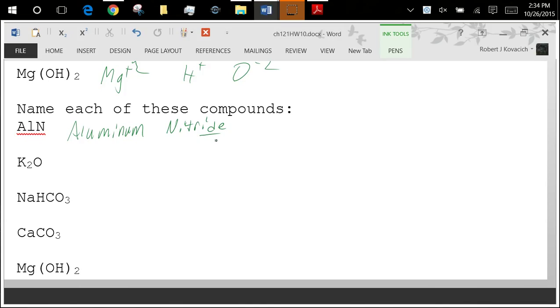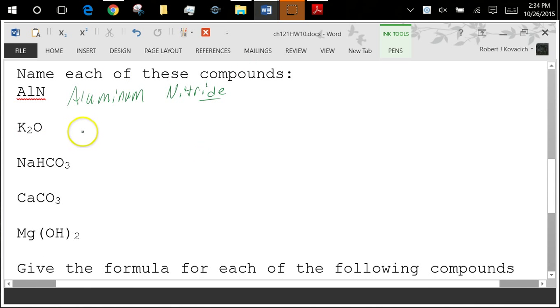It's just what you do when something becomes negative. And that nitrogen gained 3 electrons, so it did become negative. Name for the next one? We okay with that?